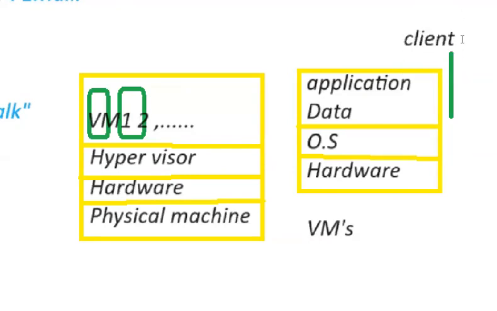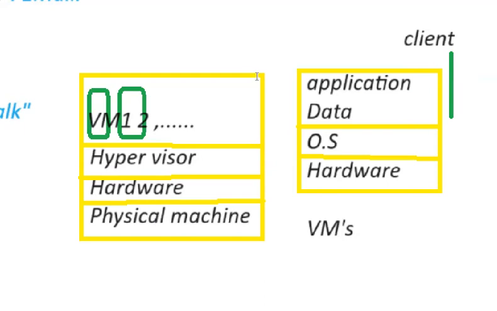Except for that, everything, the operating system, hardware, hypervisor, physical machine, VMs, and networking, will be maintained by AWS only. So AWS is responsible for all the other things.